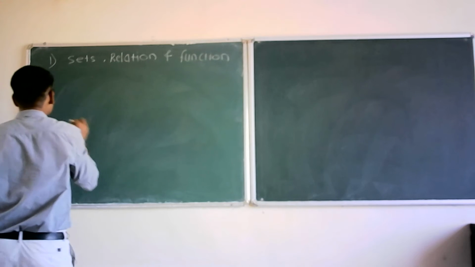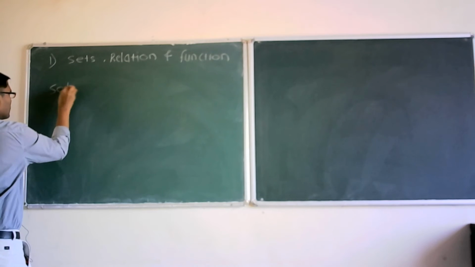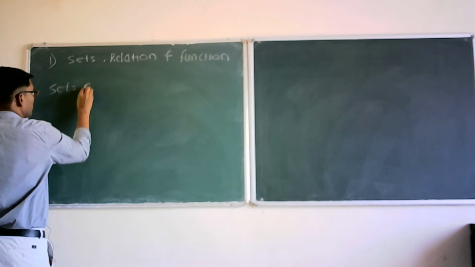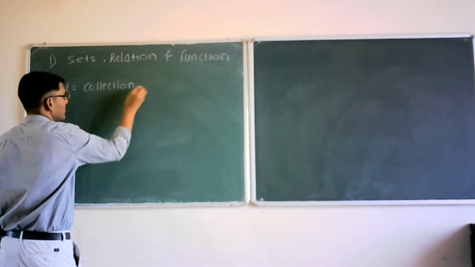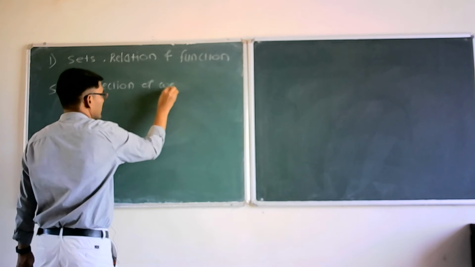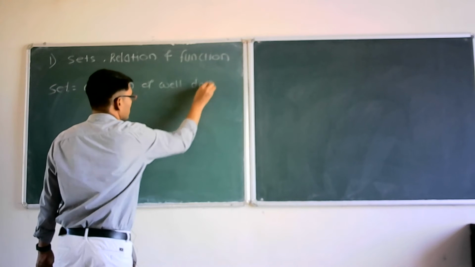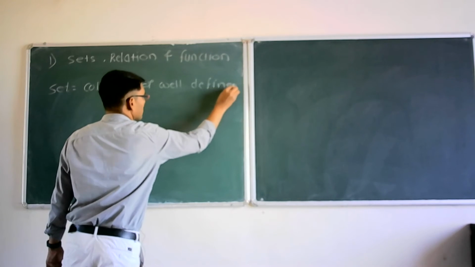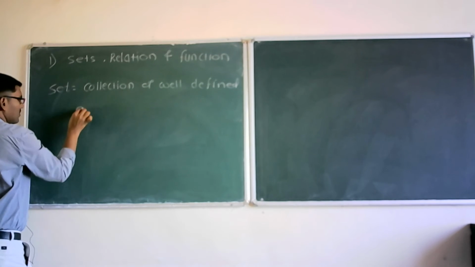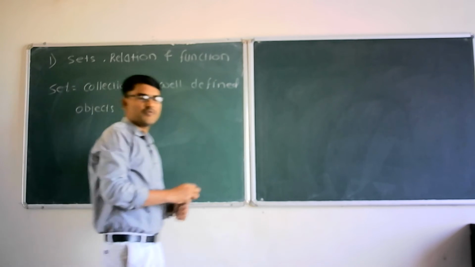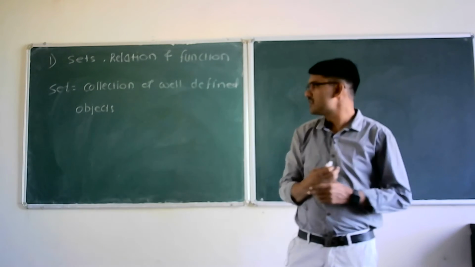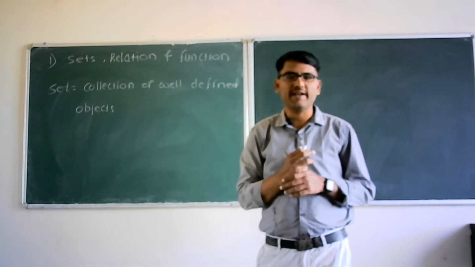What is a set? A set is a collection of well-defined objects. The objects of a set are also called elements.